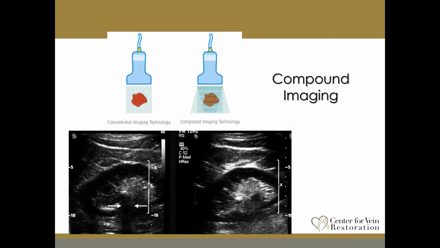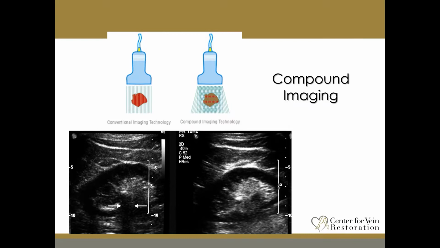While the image on the right has better resolution, shadowing from the calculi is eliminated, and someone reading this study could overlook the critical finding because they weren't looking for shadowing and didn't see it.